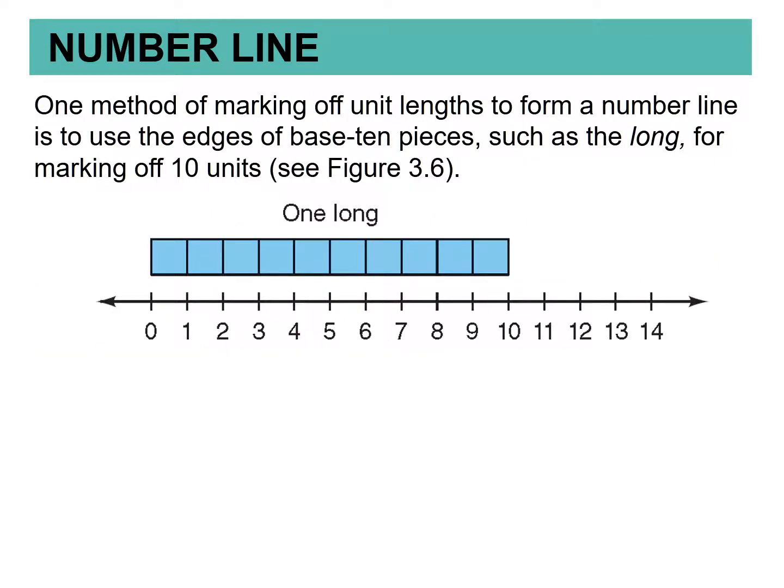So one of the ways you can mark off a number line is to use one of the longs from your virtual manipulatives for the base 10 pieces, and then you can mark off equally spaced units.